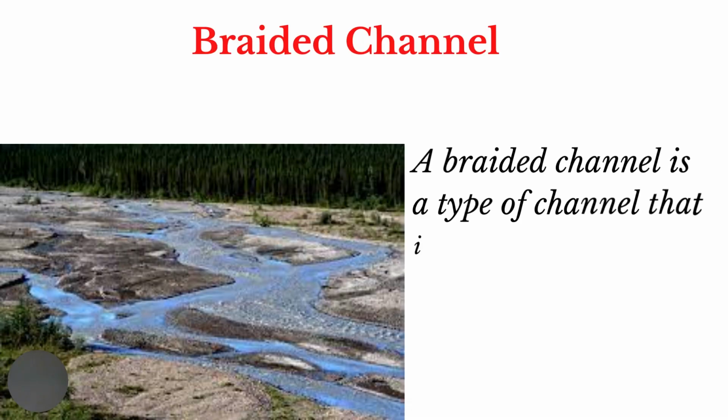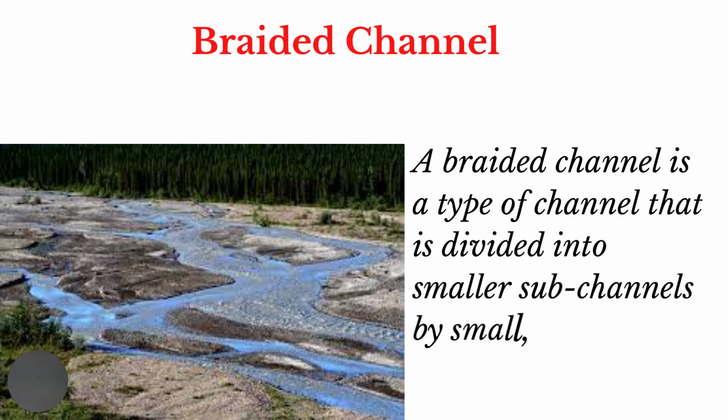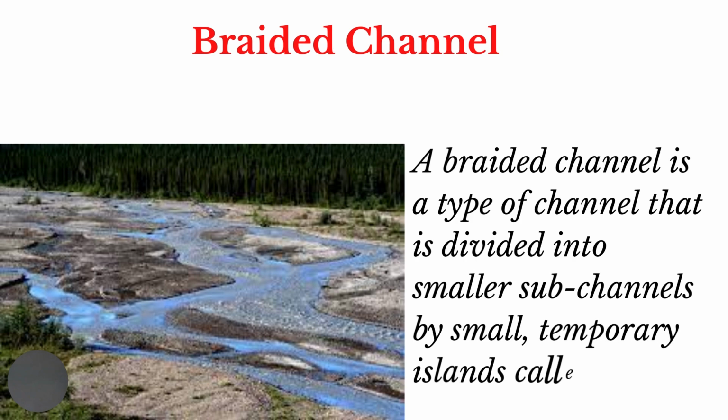All right, so let's now talk about the braided channel. A braided channel is a type of channel that is divided into smaller subchannels by small temporary islands called eyots.